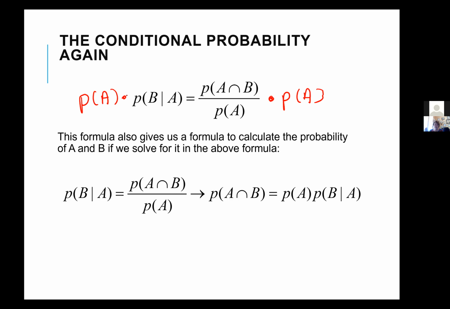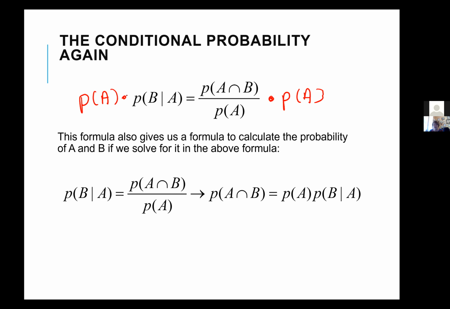So the probability of an event A occurring at the same time as an event B occurring, so getting a heart and a queen if you draw one card from a deck of 52, is the probability that you get a heart times the probability that you get a queen given you've already drawn a heart.